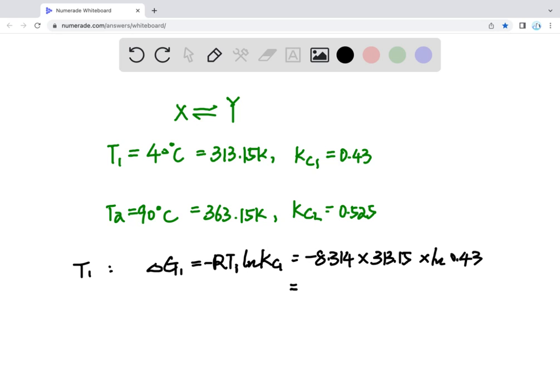So this one actually equals 2198 joule per mole.